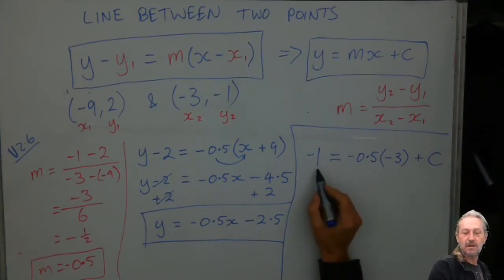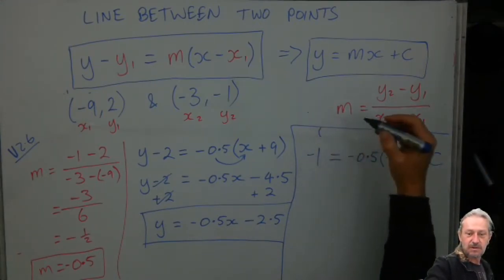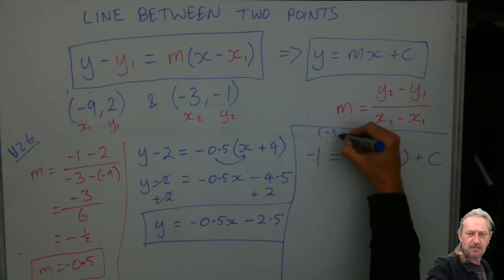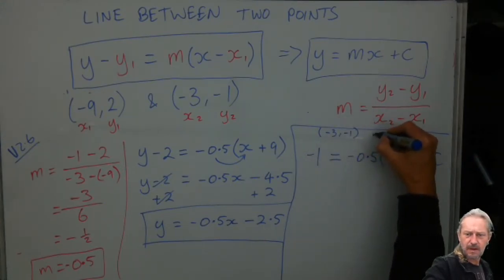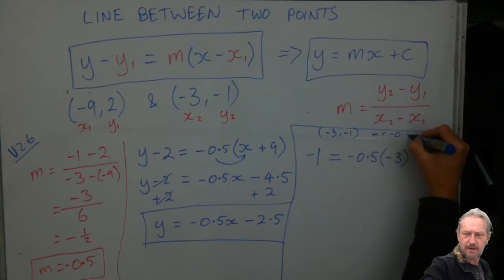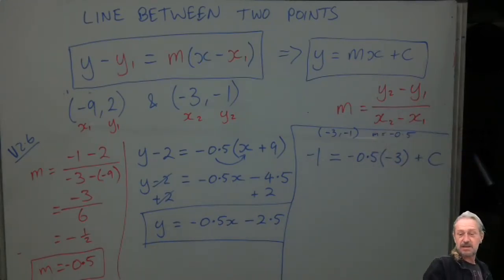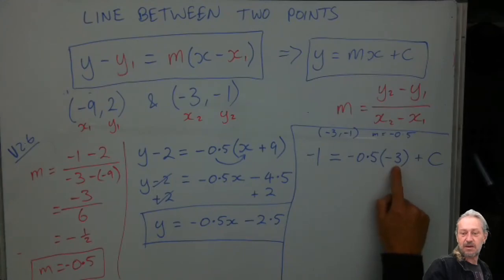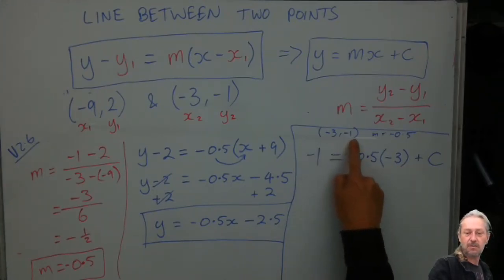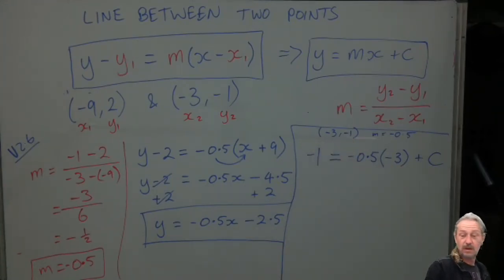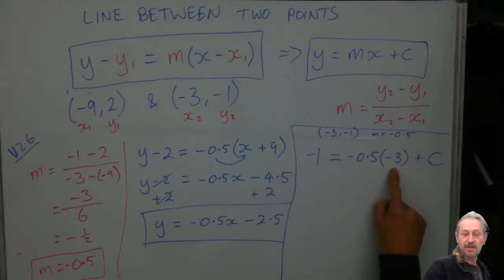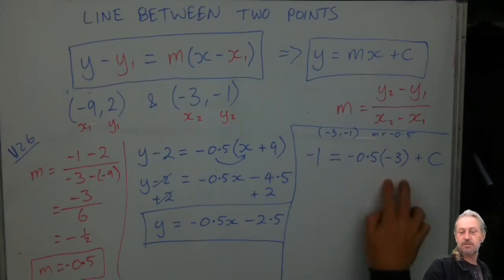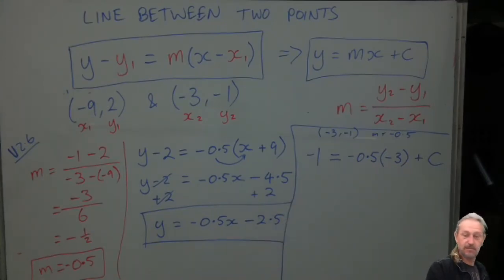So if our point was -3, -1 with m equals -0.5. So there's our gradient, there's our x and y in our coordinates. So now we're just going to multiply this and then move the result of that to this side.